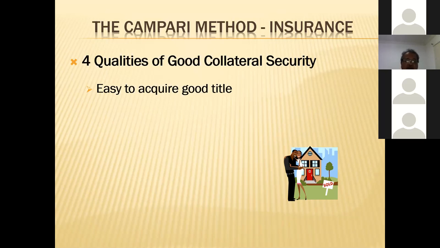So the only thing that is really lost is some time, and if the client cannot complete that transaction, you have taken fees for the loan, and so they may forfeit the fees. So the bank still makes a little something off a mortgage loan that could not go through because of bad title. All right. So the second point is, is it easy to value?